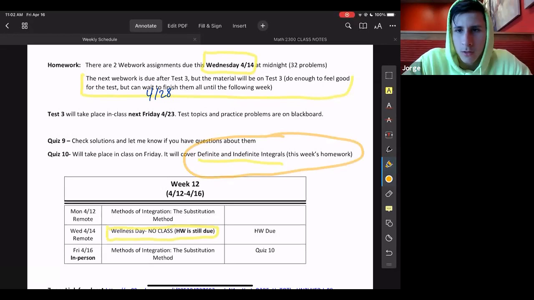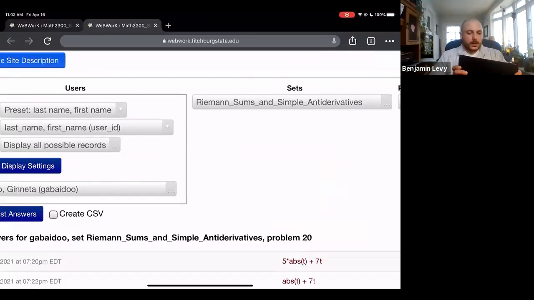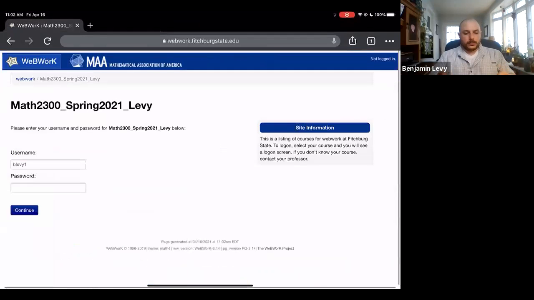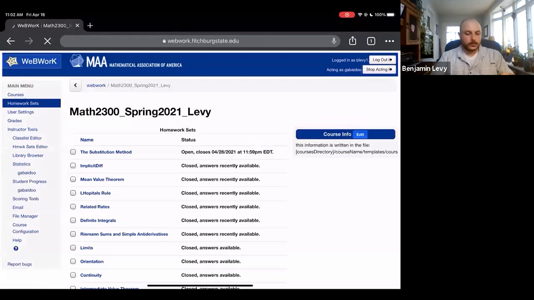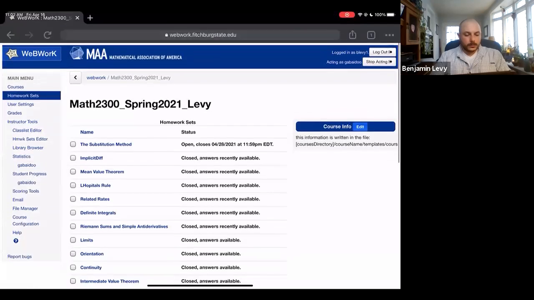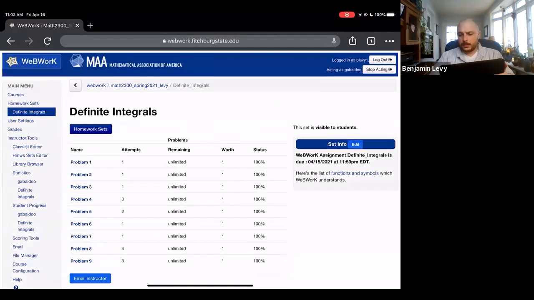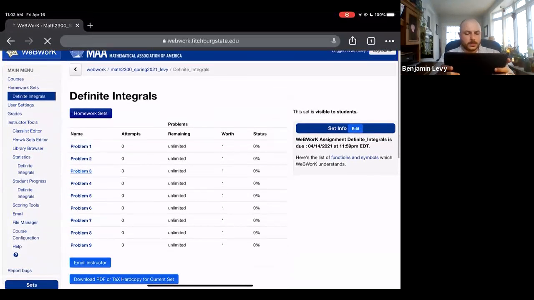Do you think you can go over number 3 of the second homework? Yeah, let's look at that. So this one, definite integrals, is that what you meant by the second one? I think that was the second one.